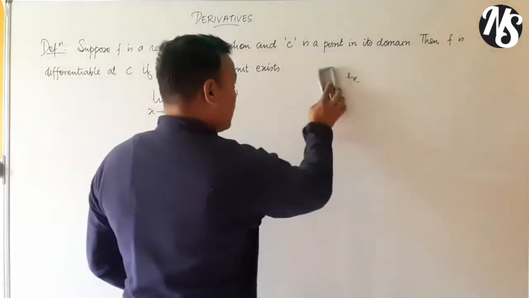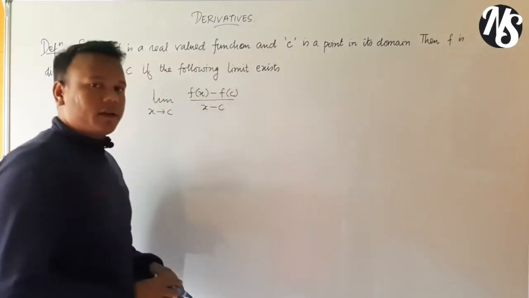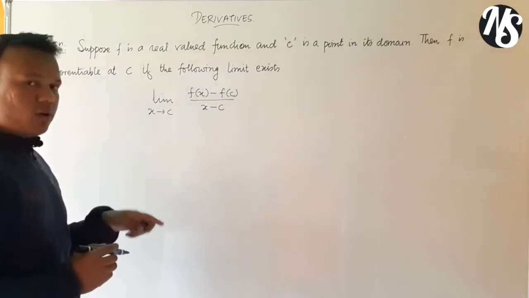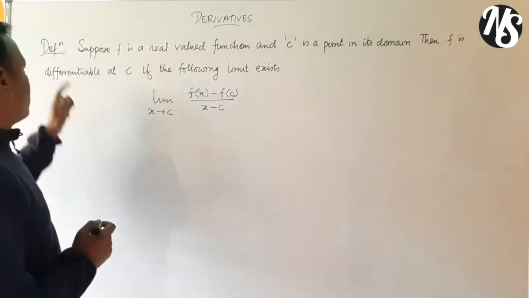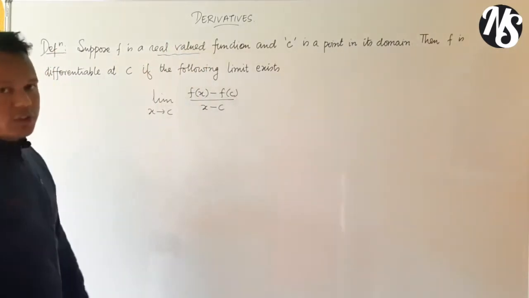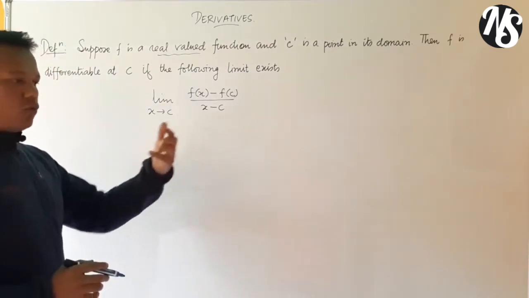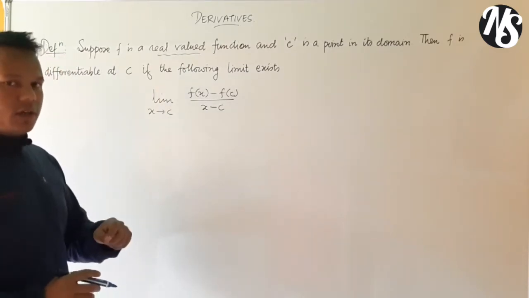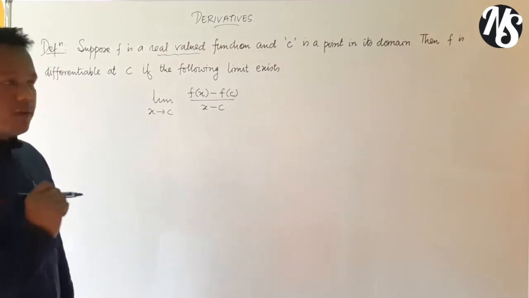Now, let's try to understand the definition of derivative at a point, or differentiability of a function at a point. Suppose f is a real valued function. Real valued means that if the domain and range of a function are both real numbers, those functions are known as real valued functions.